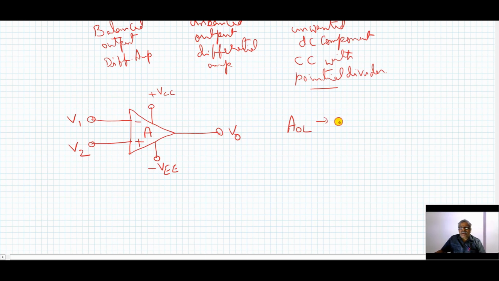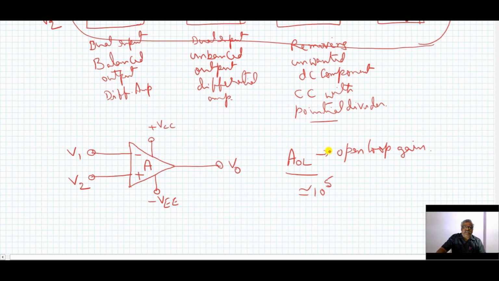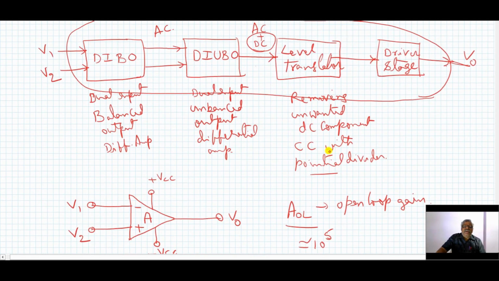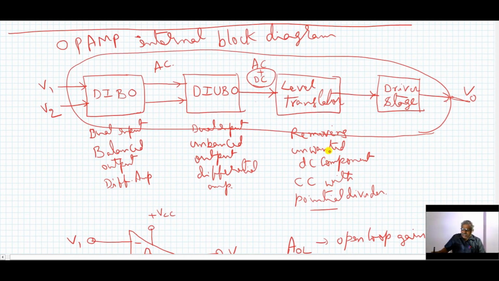AOL stands for open loop voltage gain. Its value will be given by the manufacturer. Normally its value is on the order of 10 to the power of 5, very high, because as I said earlier, the operational amplifier is a very versatile integrated circuit.